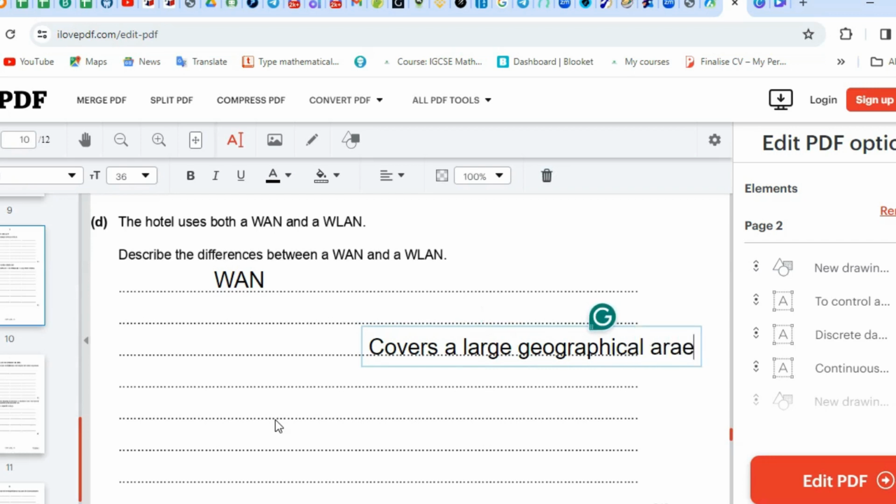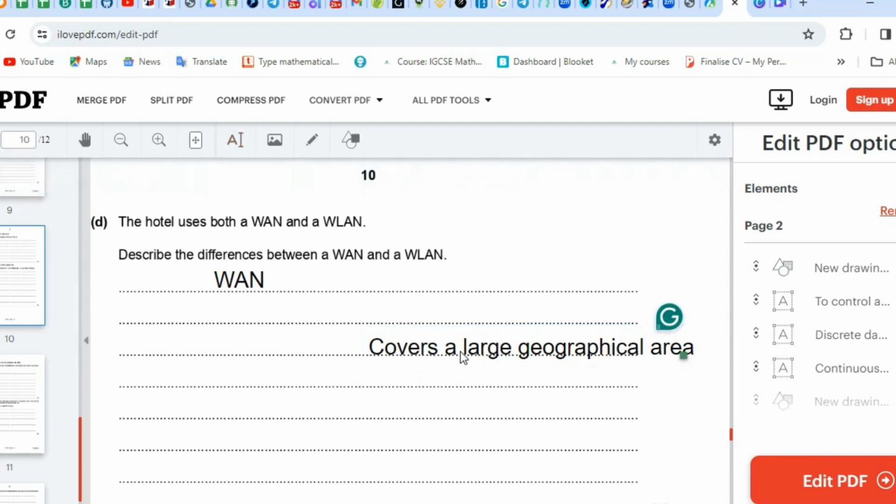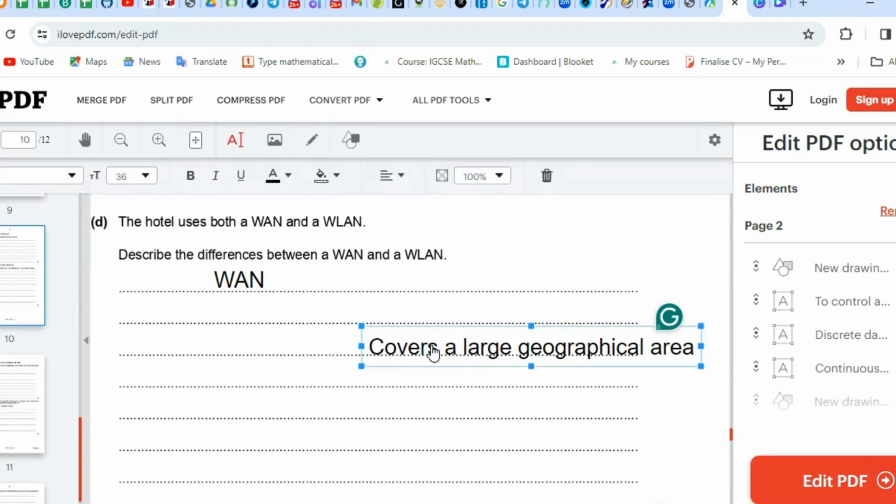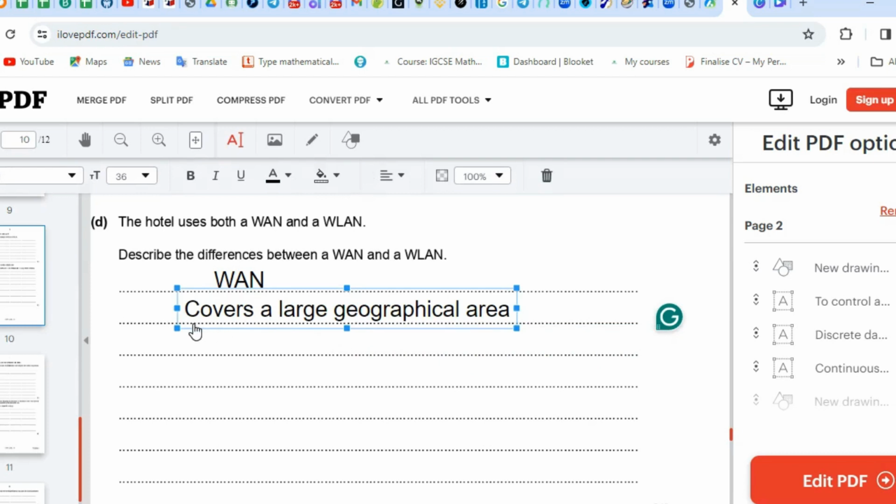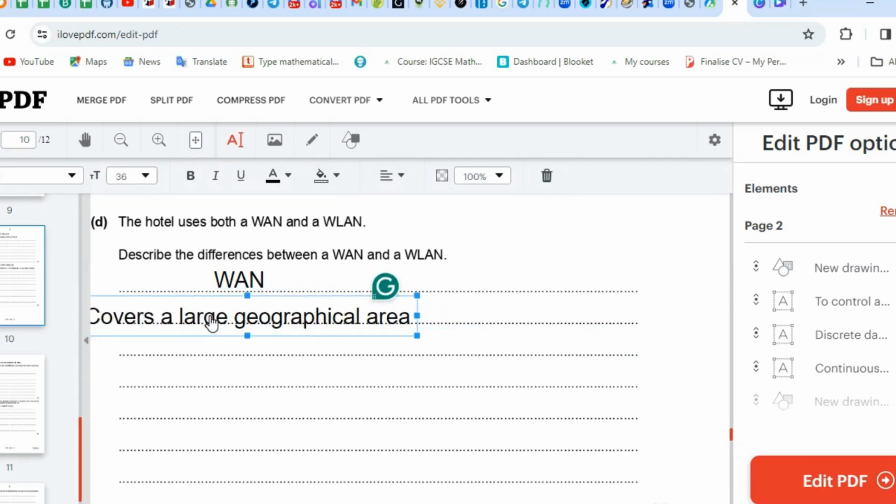Okay, it covers a large geographical area, and it also tends to use satellite technology.